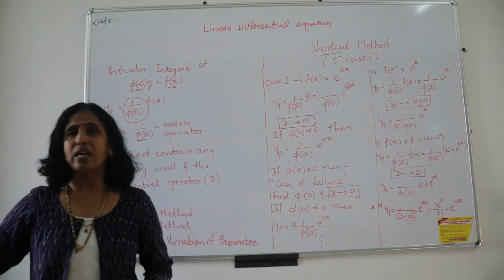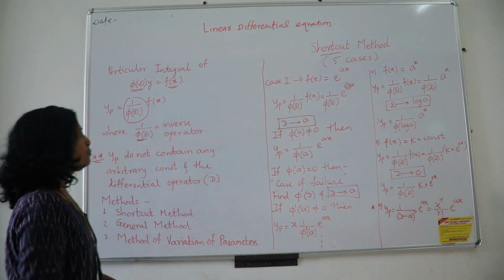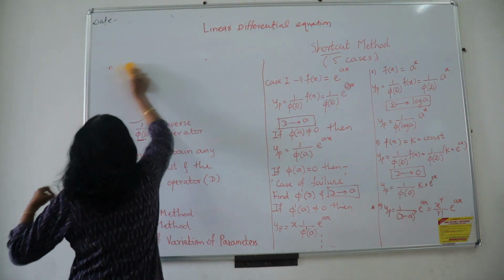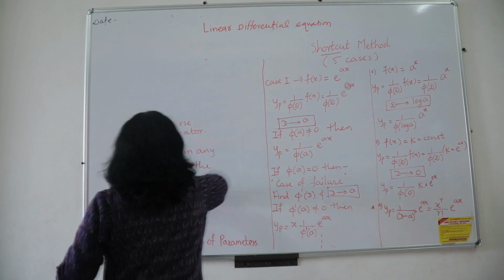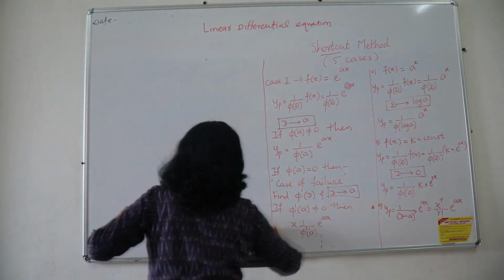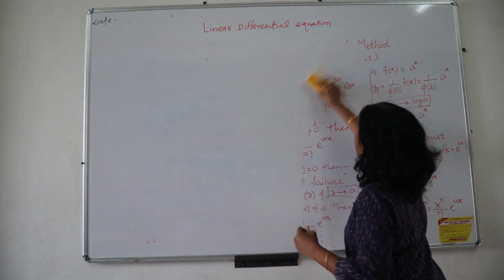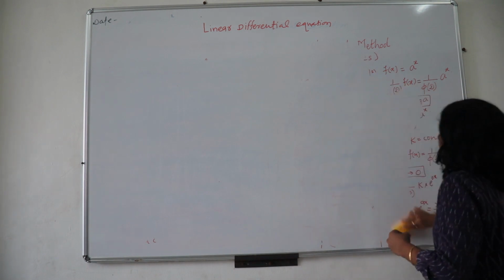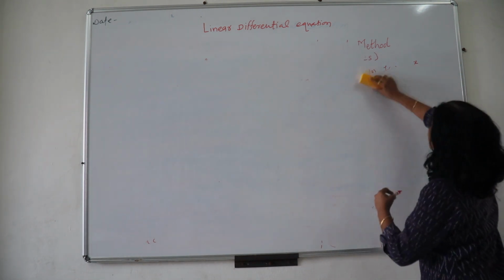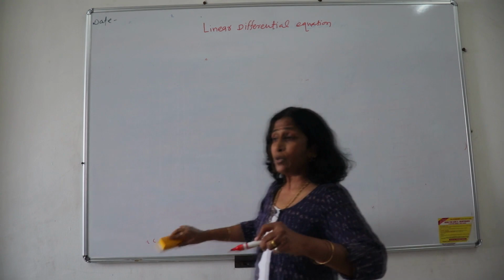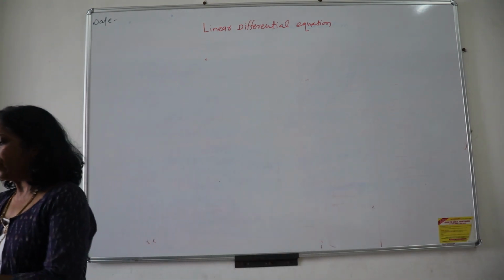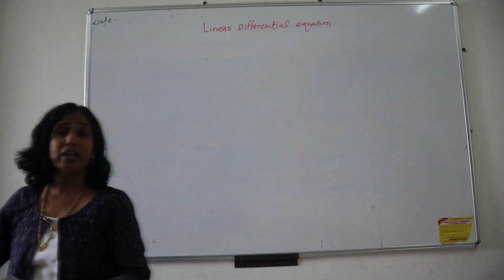And now it's time to simplify a few examples based on our case number 1. Okay, so if we continue with our case number 1, see our first example. In that we are going to revise the complementary function also, because the complementary function is going to be part of every example.